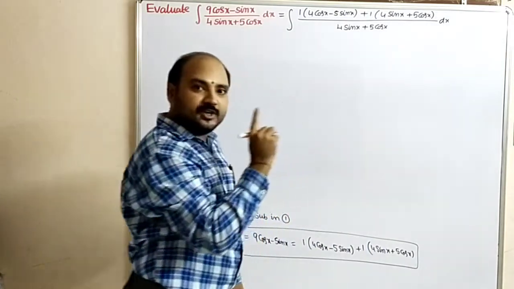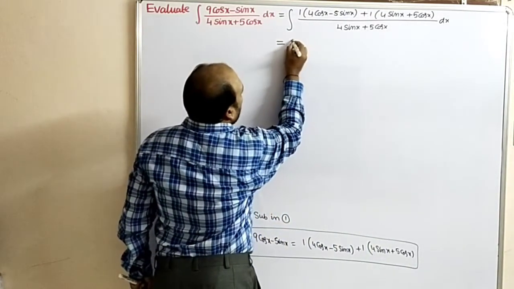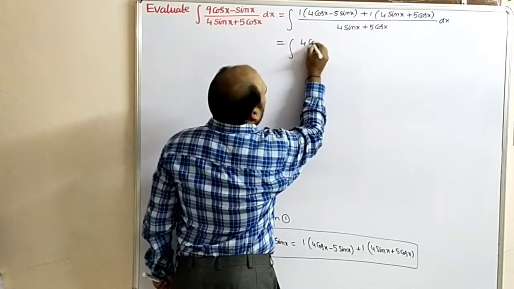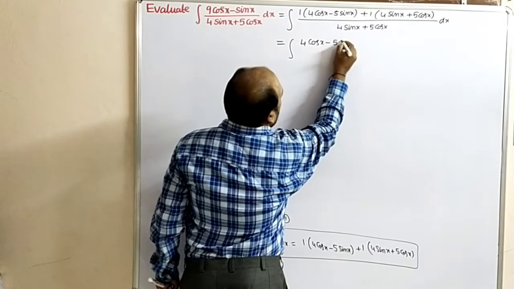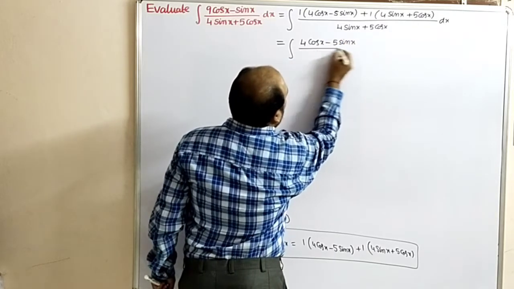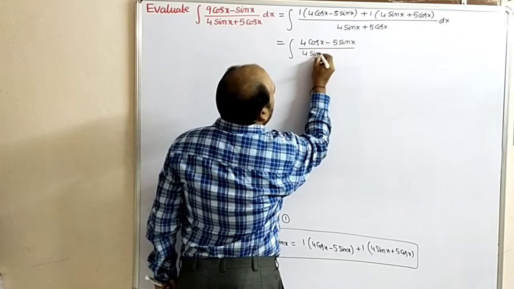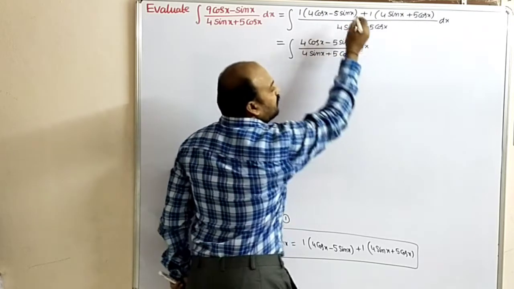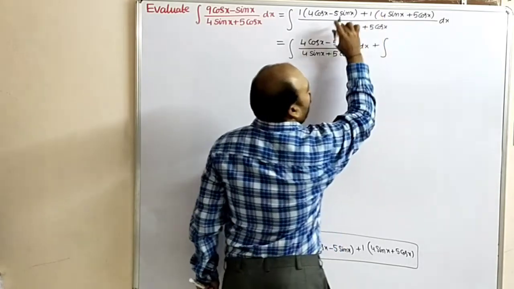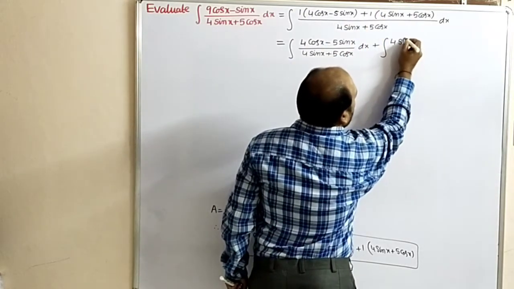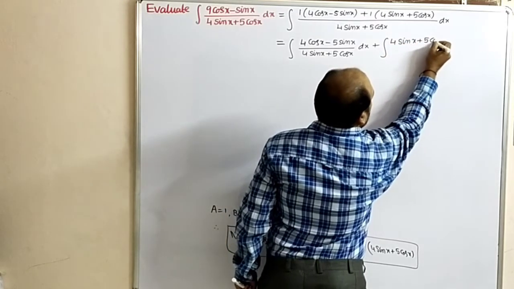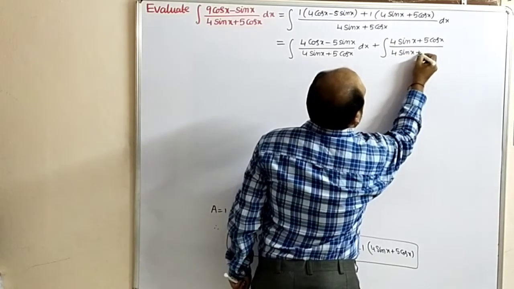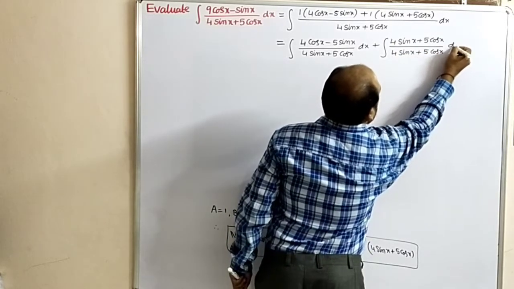Now split into two integrals, which is equal to integral, one constant we take outside, it becomes (4 cos x minus 5 sin x) divided by (4 sin x plus 5 cos x) into dx, plus 1 into 1, we can take outside 1 only, so (4 sin x plus 5 cos x) divided by (4 sin x plus 5 cos x) into dx.